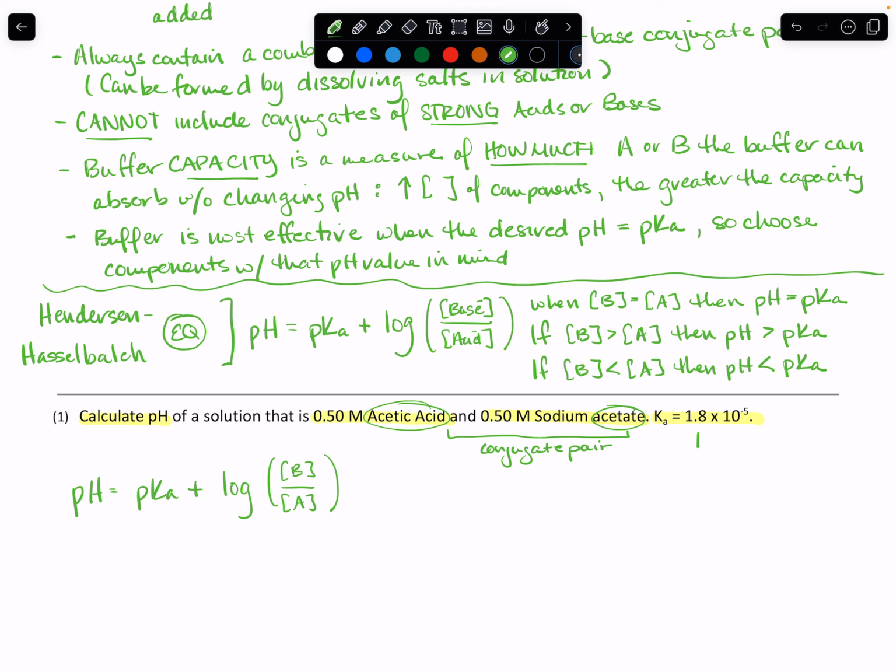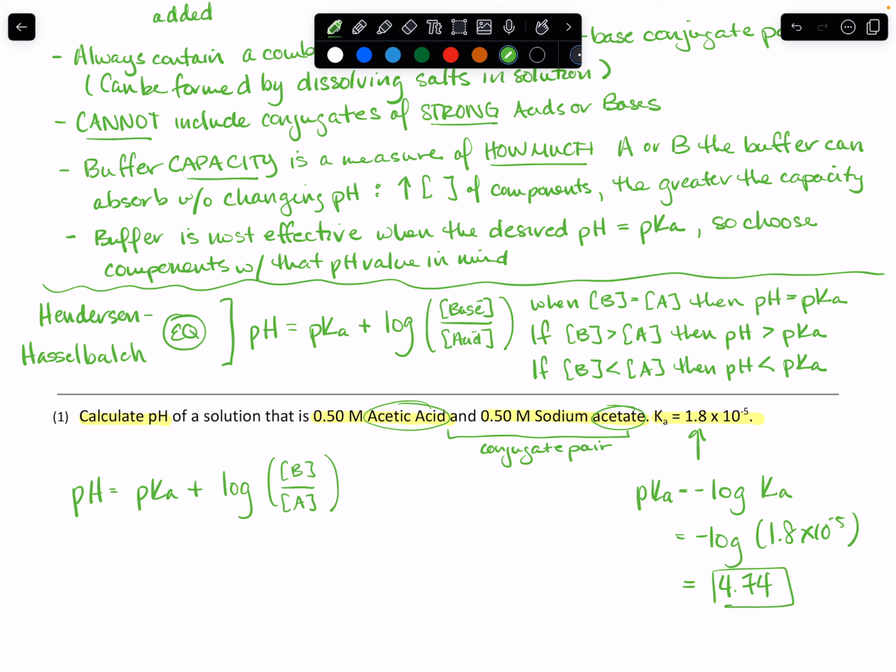First I need pKa. I know Ka, and I know that pKa is the negative log of the Ka. So the negative log of 1.8 times 10 to the negative fifth is going to give me a pKa value of 4.74.